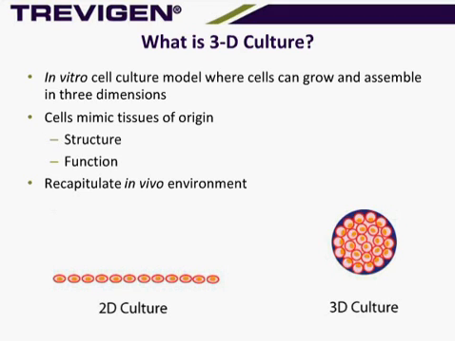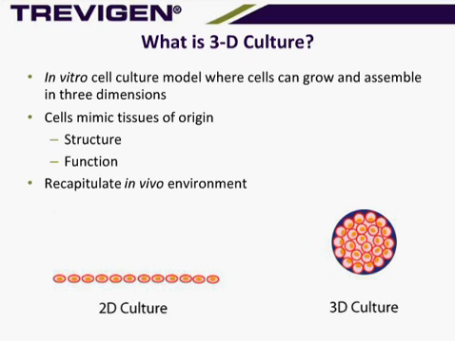As we can see here at the bottom of the page, we have our 2D culture, which is basically a flat monolayer, and we can envision this growing in X and Y dimensions, whereas in 3D culture, represented by a sphere here, cells are able to grow in X, Y, and Z coordinates.